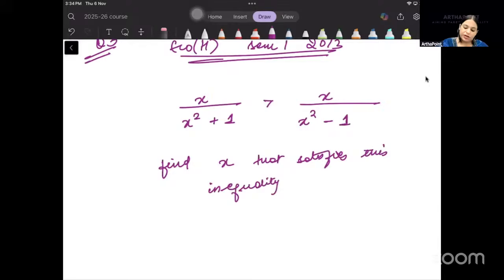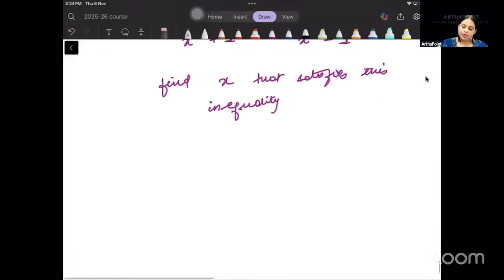I am giving you this as homework. All of you will do this on your own. I'm not going to do this. I have done exactly the same in question number 1. Okay, beta.